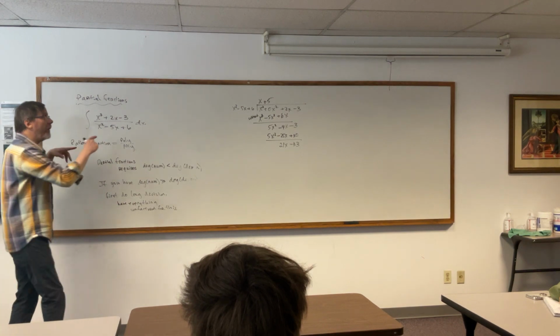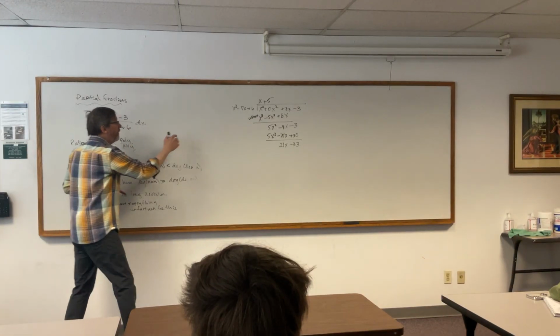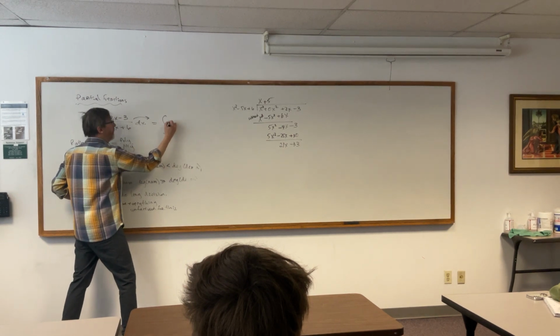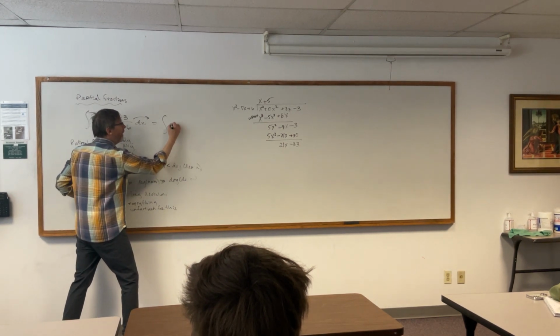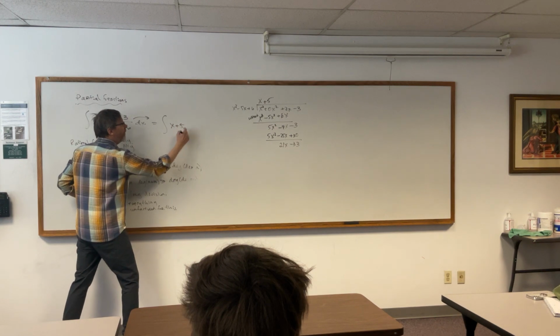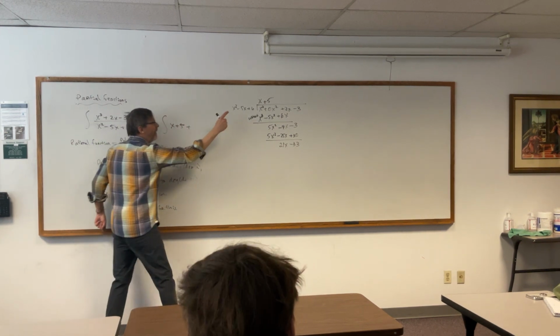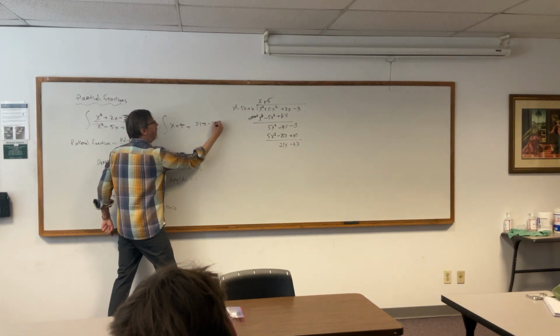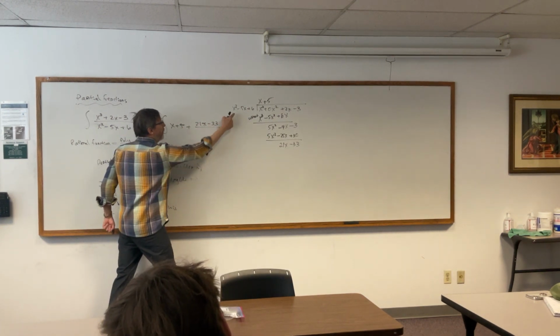So what this means is that this expression here is equal to x plus 5 plus the remainder, 21x minus 33, over the original.